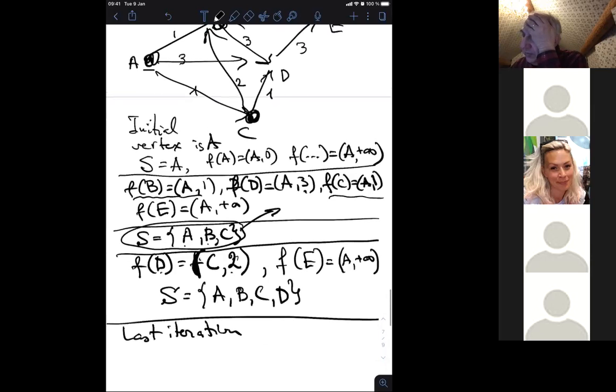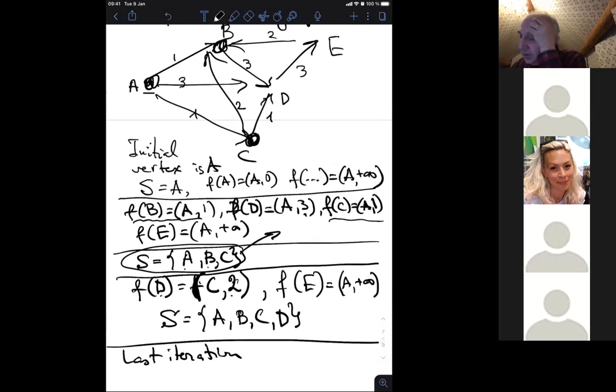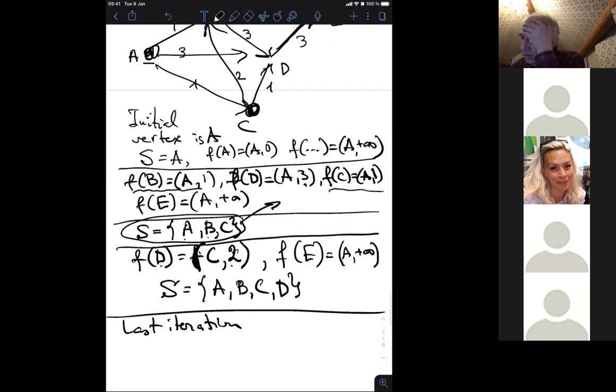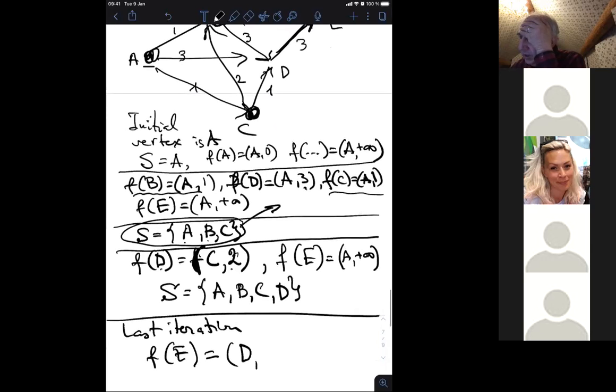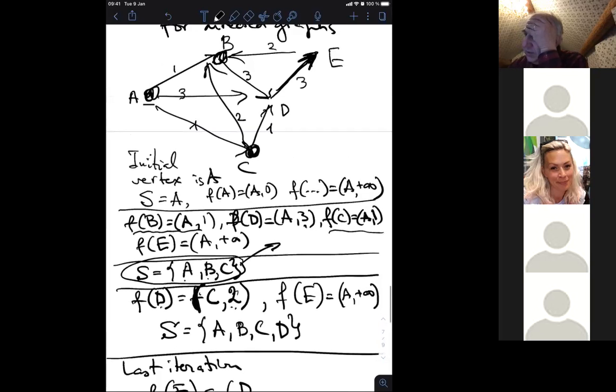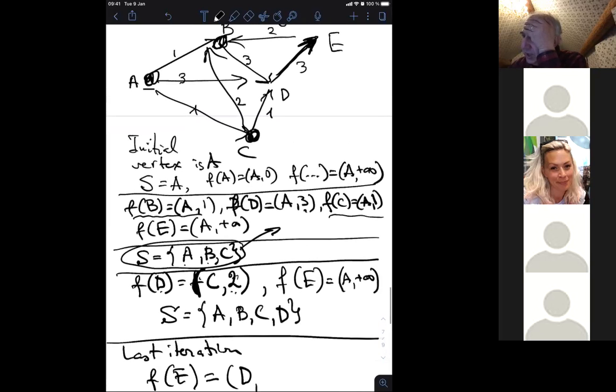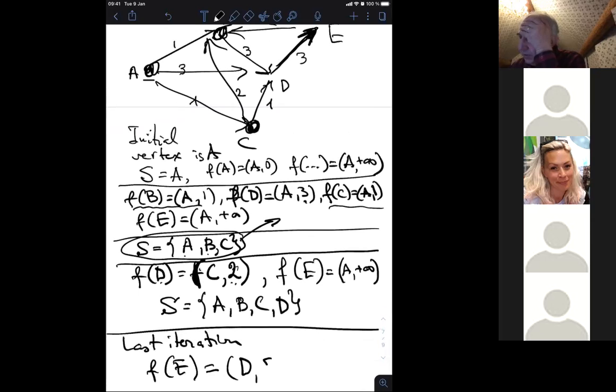Now E is connected to S because there is this edge D to E directed the correct way. So the last step would be f of E equals, we can go to E from D, and D has current label 2, and this remaining edge DE has length 3. So the total would be 5.